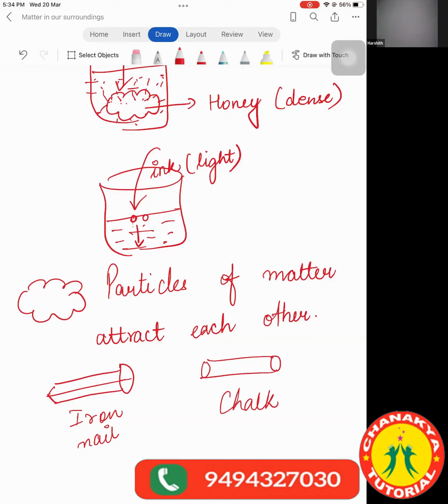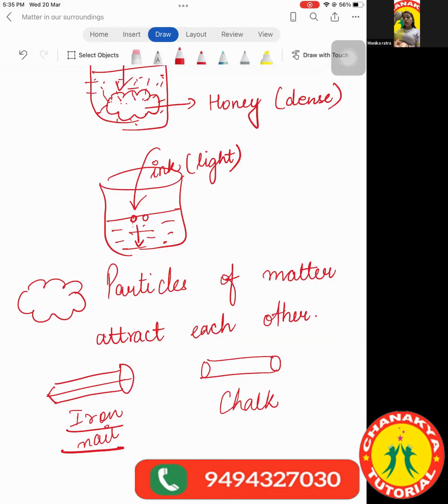Chalk. Yes. Why? Again, the same reason. In the iron nail, the particles attract each other very, very strongly as compared to the chalk particles. The particles in the chalk are not attracted as strongly as the particles of the iron. Clear, children? So we will continue with the same video which we were seeing before, and there we will read the NCERT also.